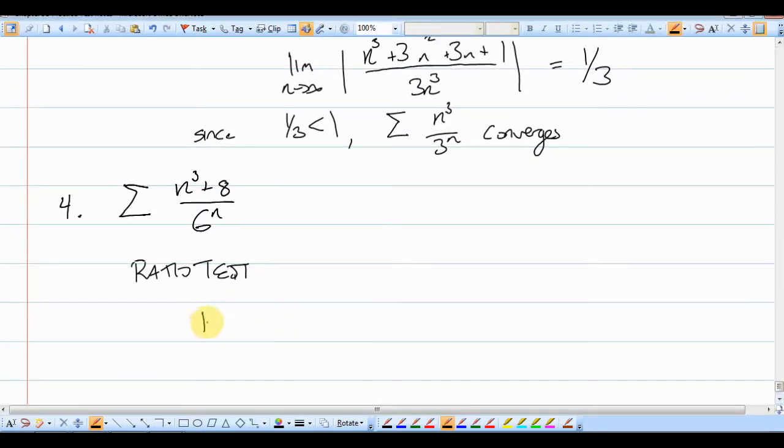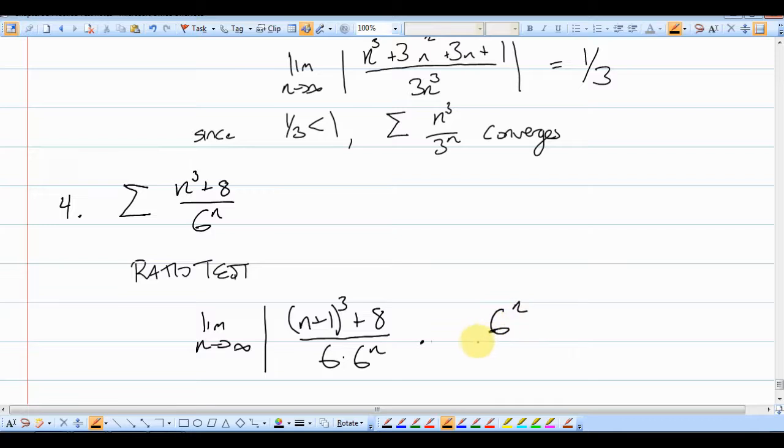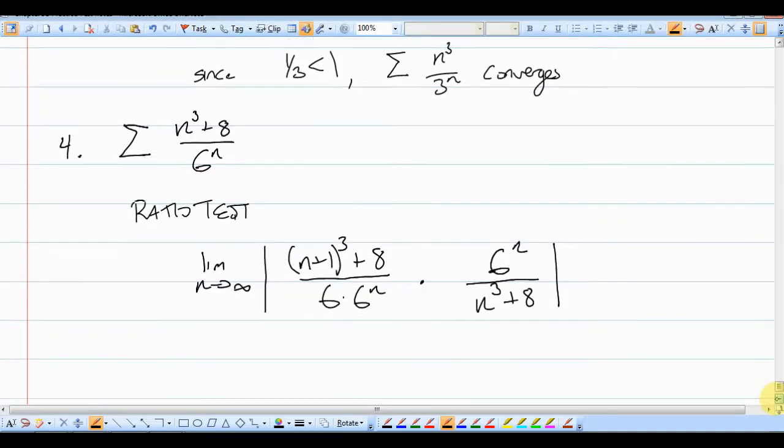So we're going to take the limit as n approaches infinity of (n plus 1) cubed plus 8 over 6 times 6 to the n, times 6 to the n over n cubed plus 8. Not a power series, so I'm not going to set it less than 1.